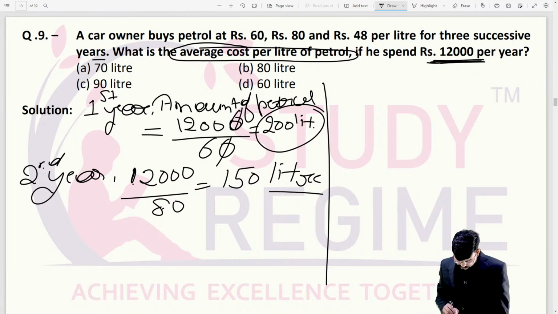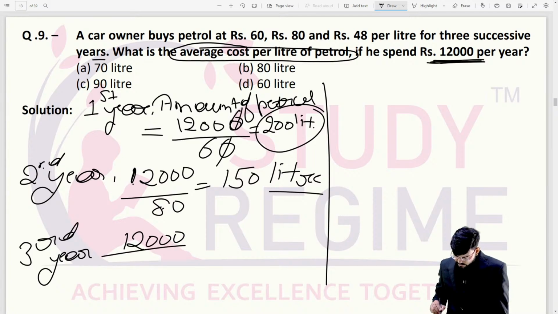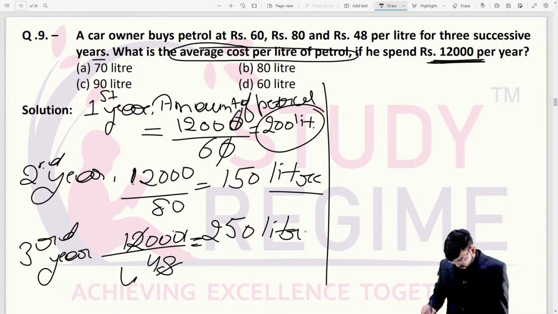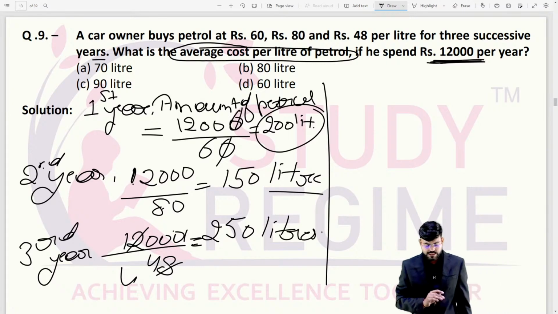Now likewise I will find for the third year also. 12,000 divided by 48. This will become 4 times and it will become 250. So we will get 250 liters. Clear? I have done nothing.